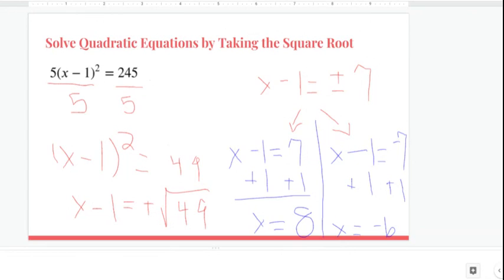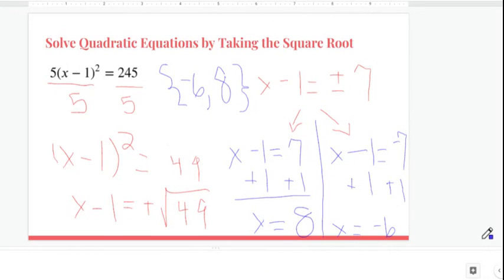If I substitute negative 6 in, negative 6 minus 1 is negative 7. Negative 7 times negative 7 also equals 49, and 49 times 5 is 245, so my solutions check. To write my solutions in set notation, it would be negative 6, 8.